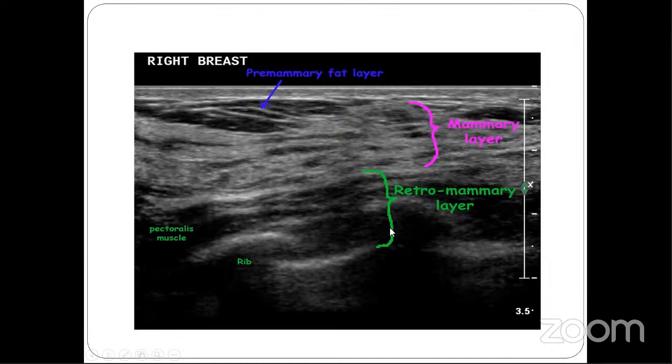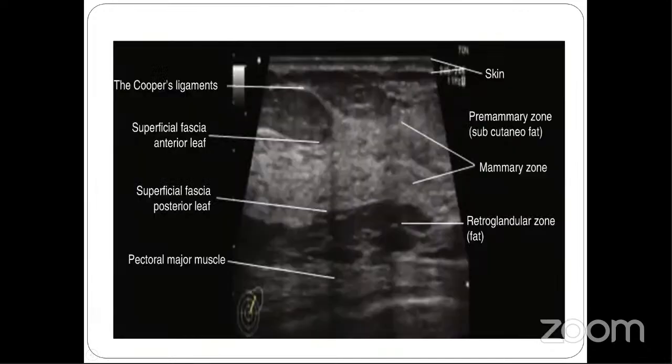This gives a normal ultrasound. So as we can see here, the Cooper ligament, superficial fascia, anterior leaf, all this superficial fascia, anterior and posterior, pectoralis muscle, retroglandular fat, mammary zone, and this is the skin.